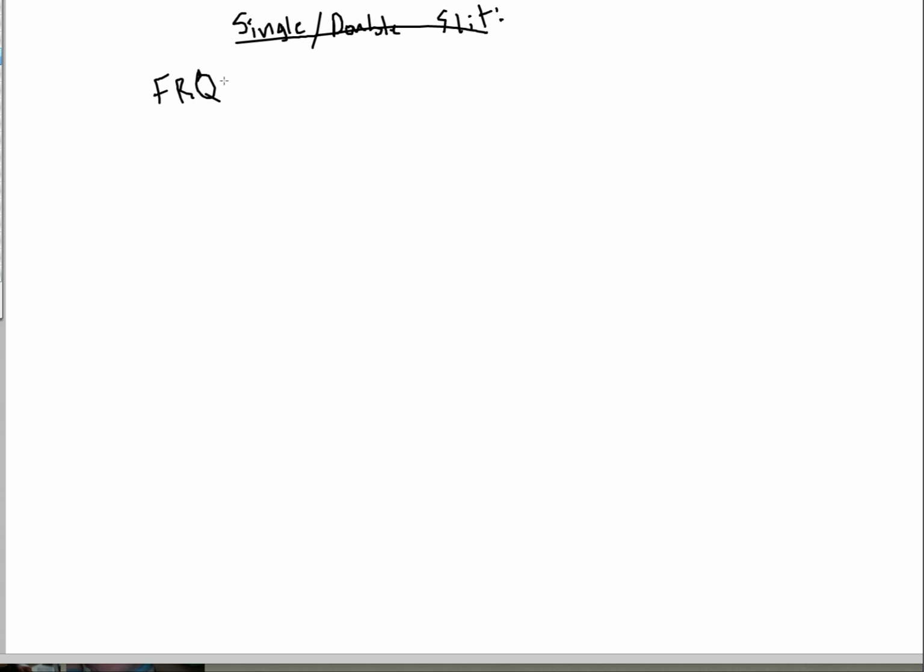And so let's start with some equations that you'll need to know. First, you'll need to know this right here, x_m equals m lambda L over d. Now, that equation deals with the double slit.